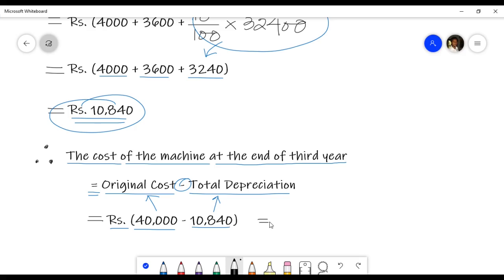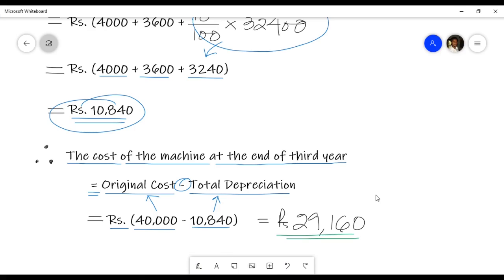So we'll put up these values, we'll subtract it, and we will find the cost of the machine at the end of the third year. So this is the answer. The cost of the machine at the end of third year is rupees 29,160. I hope you understand this.